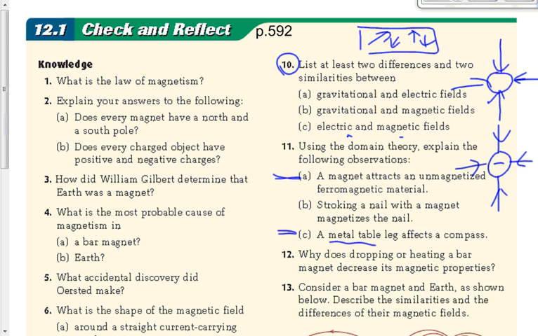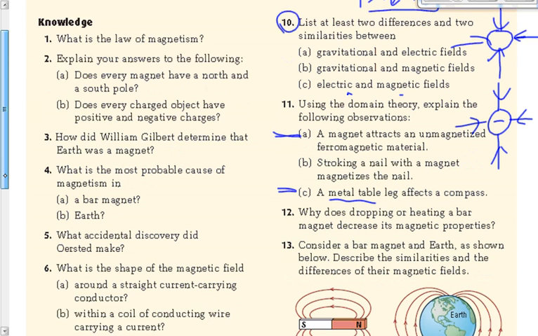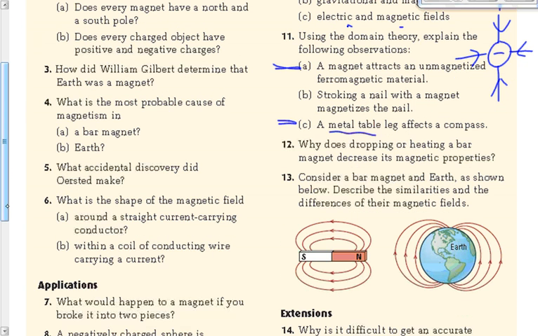So it attracts it, because it temporarily aligns the domains in the table leg. Yes, the effect is stronger for sure.